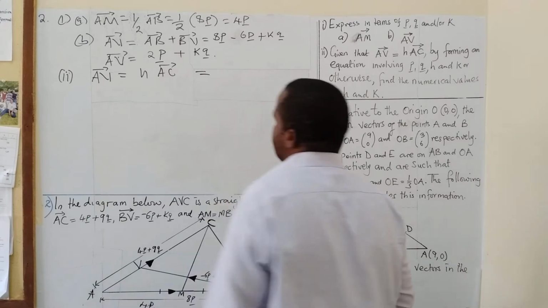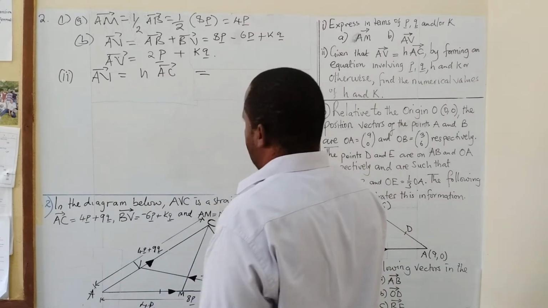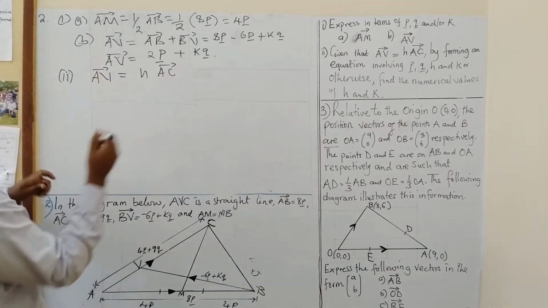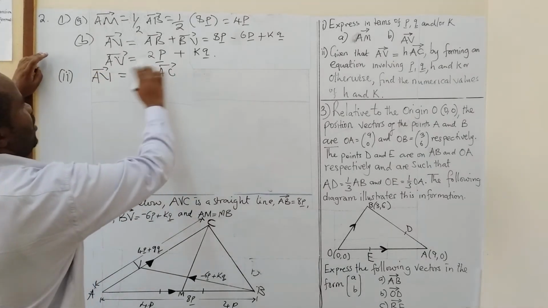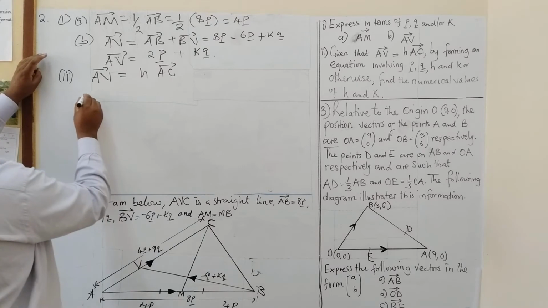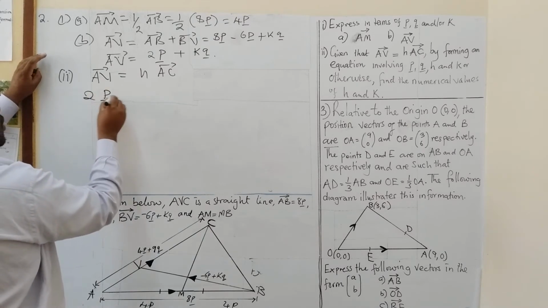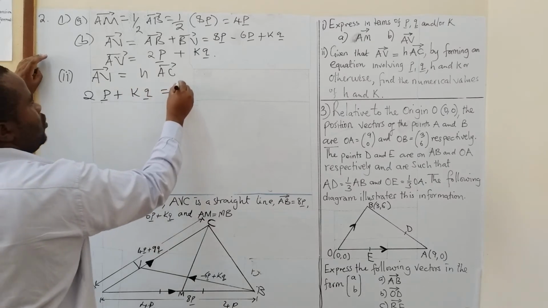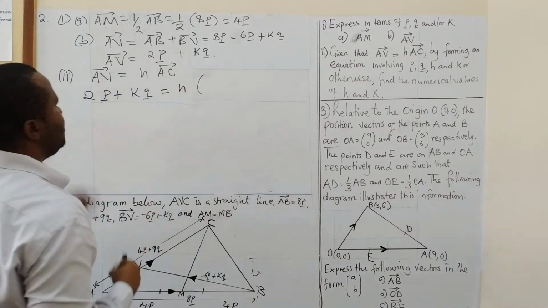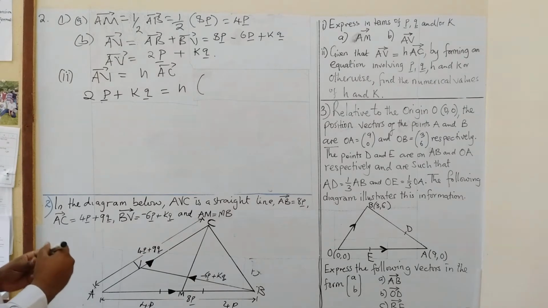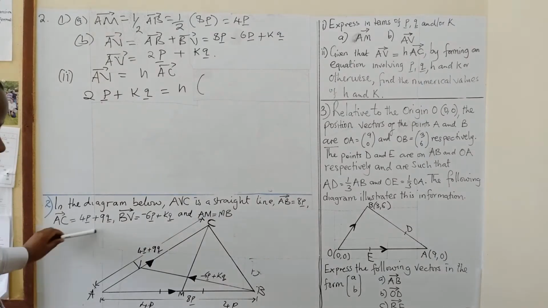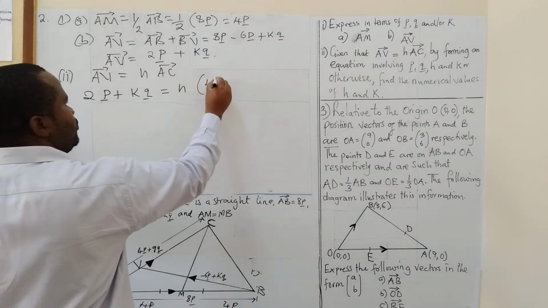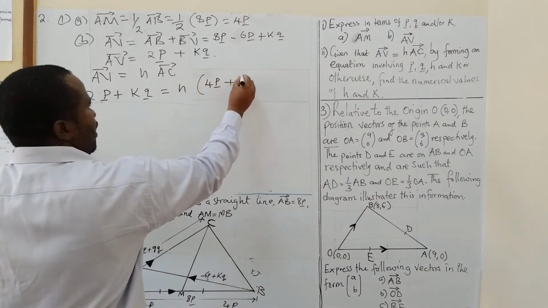What that means is, we need to equate. What is our AV? Our AV is this one, alright? So we are going to say 2p plus kq is equal to h, open the bracket. What is our AC? Okay, our AC is here. Our AC is 4p plus 9q.